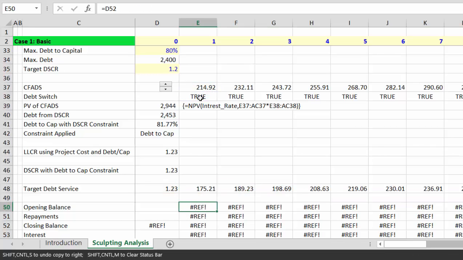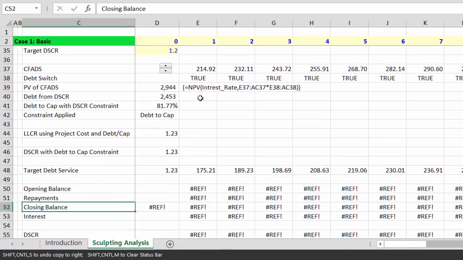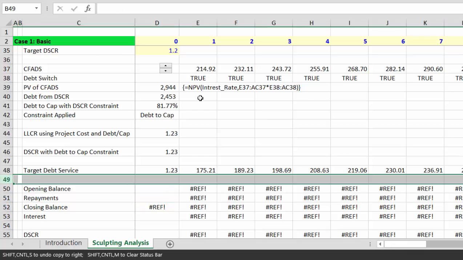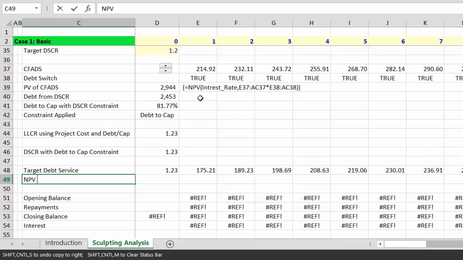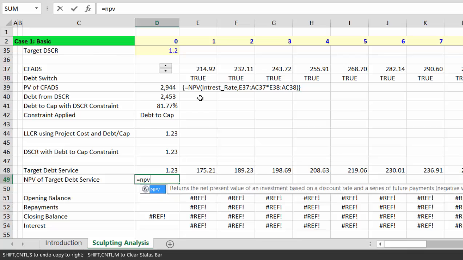Okay, and then we could redo the NPV if we want. I suppose we should do that. Otherwise we already have it, but I think this will be a little bit less confusing.